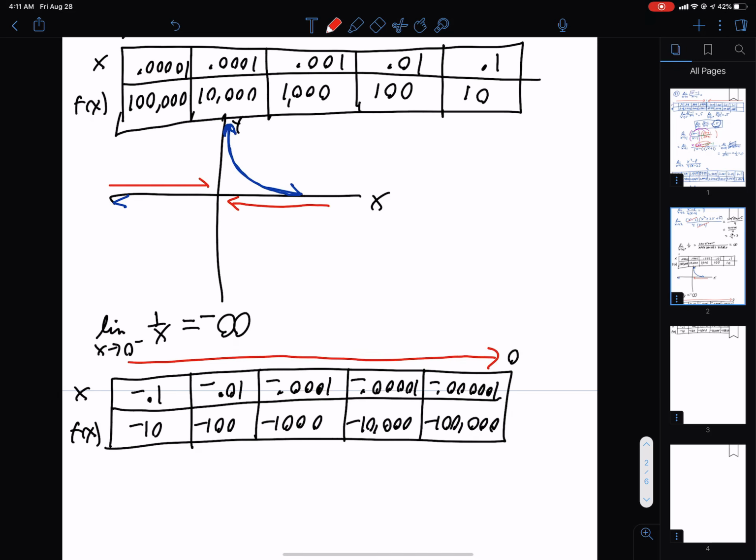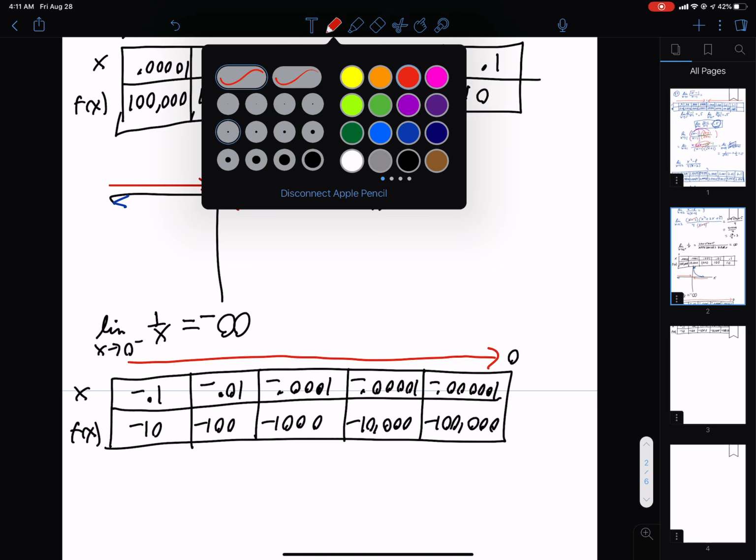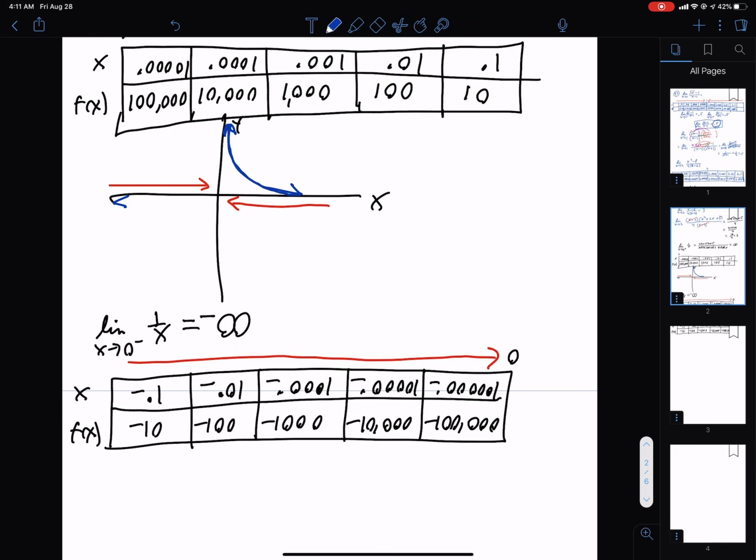As I approach 0 from the left, we know the graph gets really big negative. So it cannot equal 0 because dividing by 0 doesn't exist. So as I get close to 0, it gets really big negative.